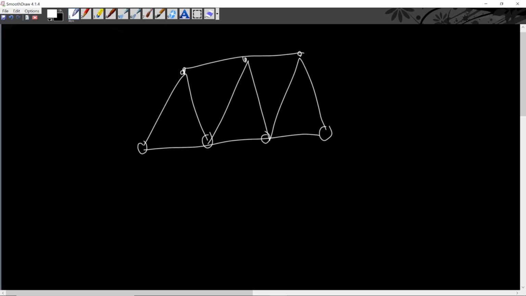But trusses act as single objects. These are all connected at these nodes, so any force that acts on one of these nodes will act on the entire object.